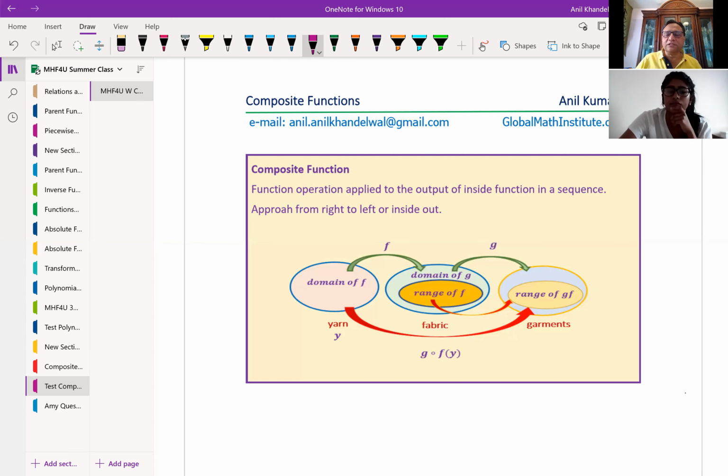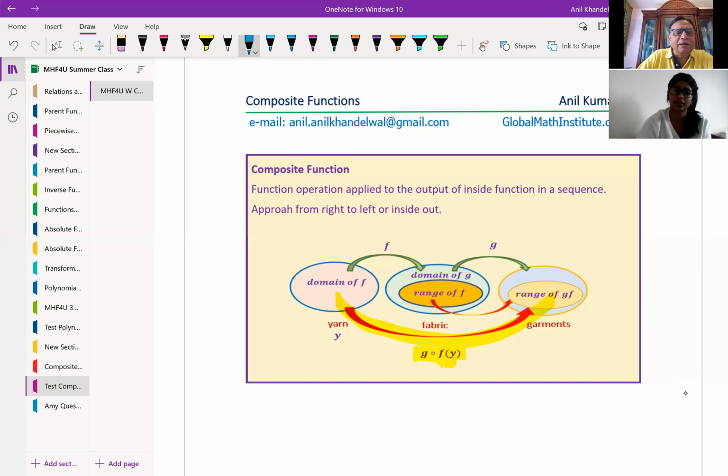So we are talking about two functions. The inside function is yarn to fabric, that is the first function. And when you combine, you get the garment. Ultimately, we have connected the yarn with the garment, and that is what this composite function g of f of y is, where y stands for the independent variable yarn.